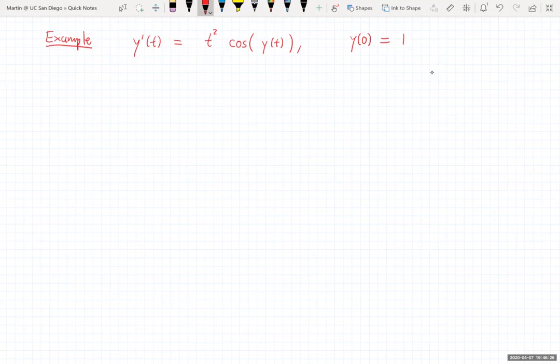We have y prime of t equal t squared times the cosine of y of t, and the initial condition y of 0 equal 1. So in this formalism we have t naught equal 0 and y naught equal 1.